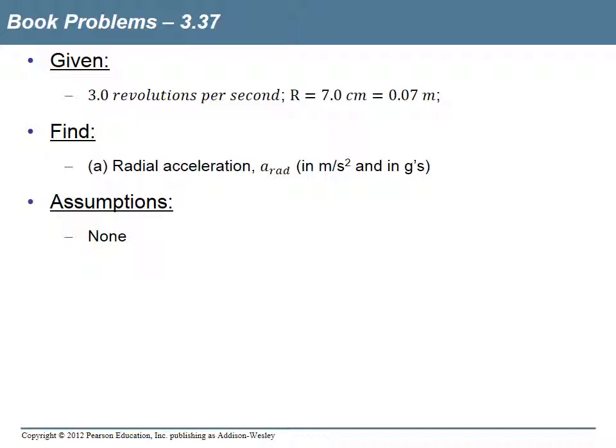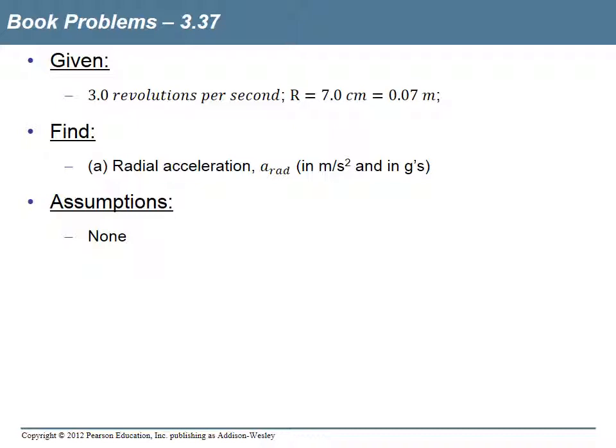Let's say I get 65 meters per second squared. How many G's is that? Well, 65 divided by 9.8 gives us about 6.6 G's. So we're just saying that 1 G is 9.8 meters per second squared.